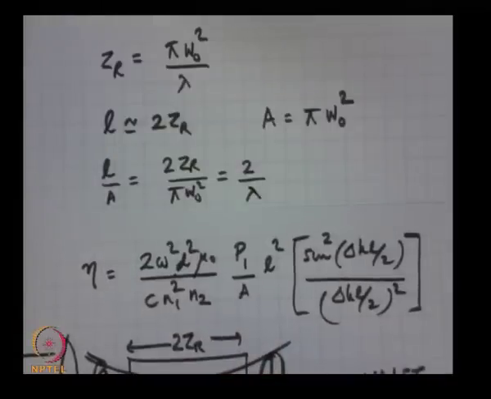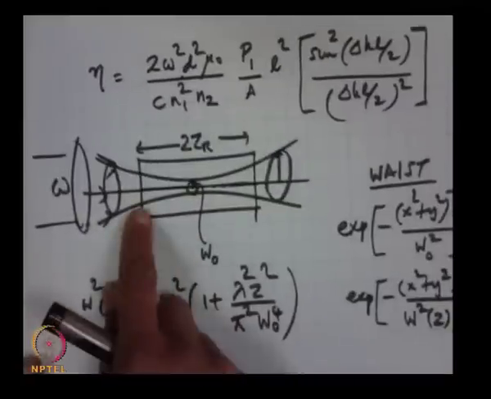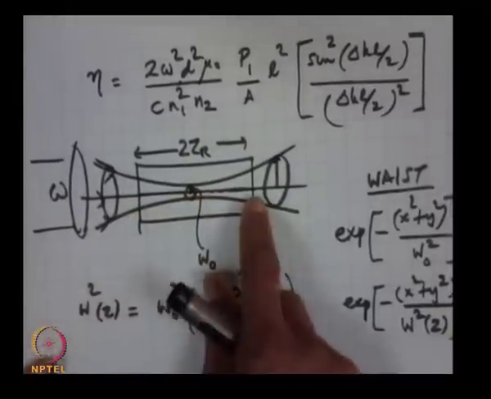So L by A is 2 divided by the wavelength of the incident wave. This is assuming that the length over which I am interacting is approximately twice the Rayleigh range, where the spot size starts from √2 times W0, becomes W0 here, and becomes √2 times W0 again.